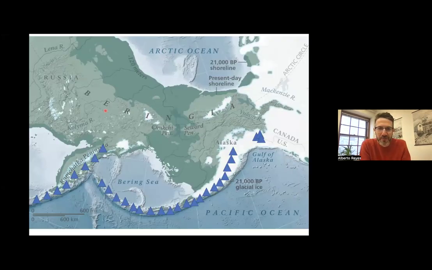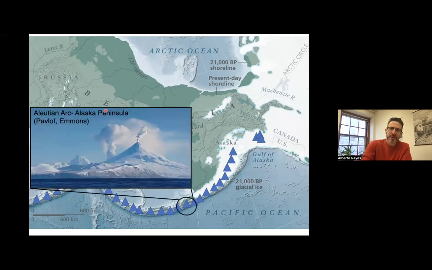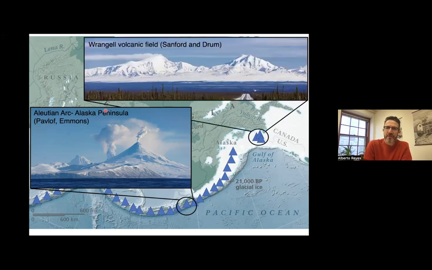So the region is basically fringed by volcanoes from a couple different ranges. The ones of interest in Yukon and Alaska are really the Aleutian Arc and Alaska Peninsula volcanoes. These are formed due to subduction of Pacific plate kind of along the Aleutian Trench. Moving further into mainland Alaska, we have the Wrangell volcanic field.